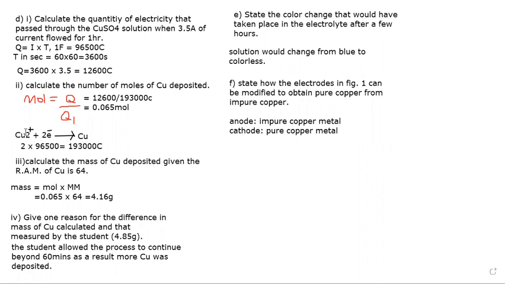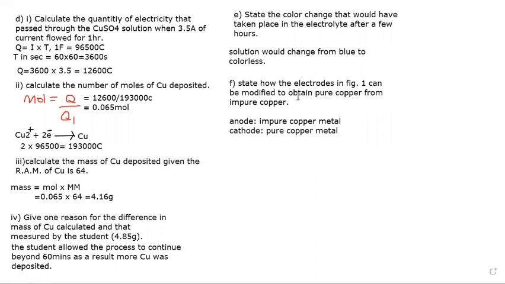If these ions are converted to copper atoms, then the blue color will be lost. So as a result, the solution would change from blue to colorless. And then the final question, part F, says state how the electrodes in figure 1 can be modified to obtain pure copper from impure copper.